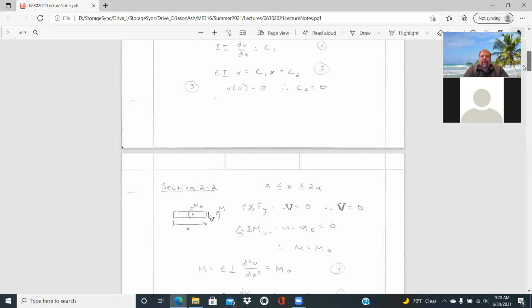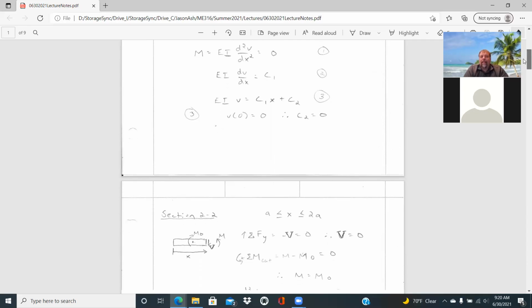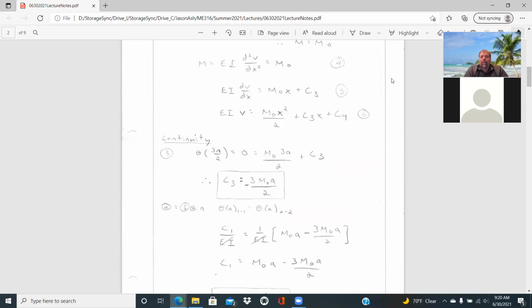If we look at equation 2 on the previous page, we know that the slope there at x equal to a has to be equal to the slope at x equal to a for equation 5, for continuity to be satisfied at that location. And so that's the main statement there. Equation 2 is equal to 5 at x equal to a. And so theta at a for section 1-1 is equal to theta at a of section 2-2.